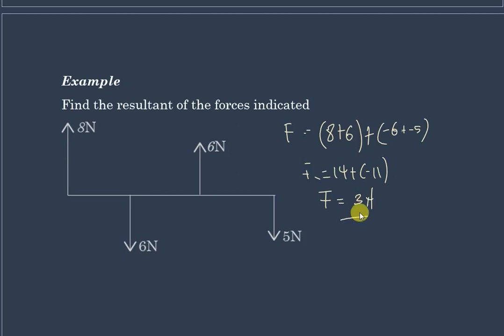That means that the resultant force is acting upwards because it is positive, and our assumption was that upward forces are positive, downward forces are negative. So by getting a positive force, it means that the resultant force is acting upwards.